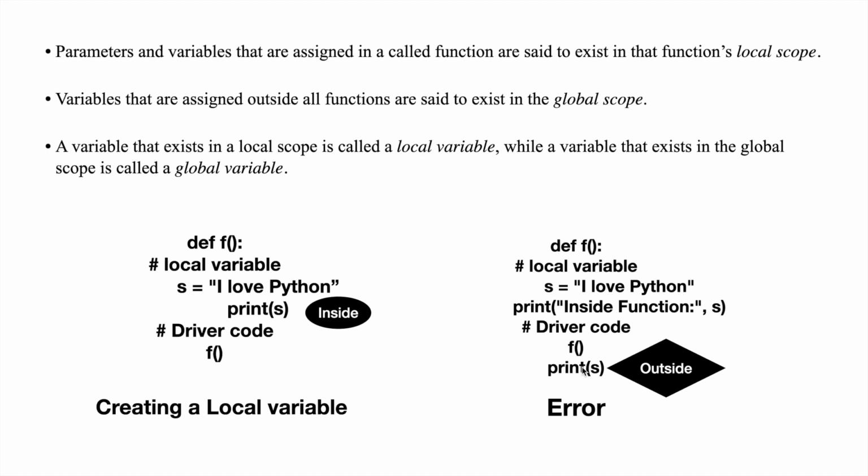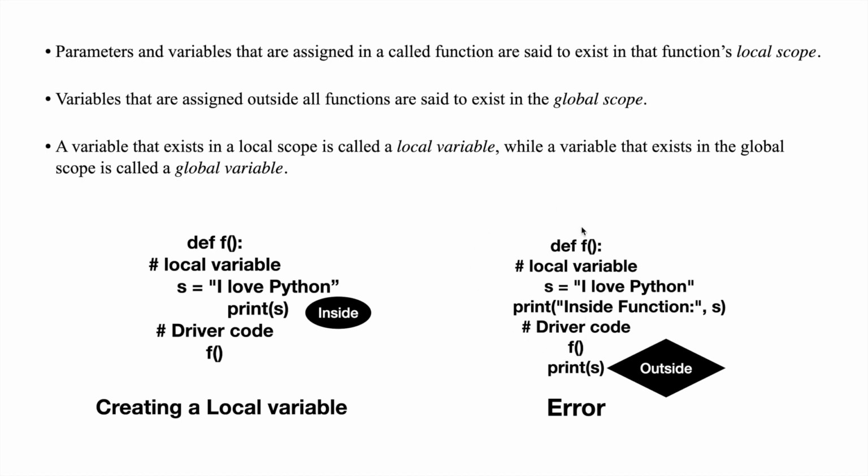because the local variable scope is going to be deleted once the function is executed. Here the local variable s scope is deleted once the function is executed.